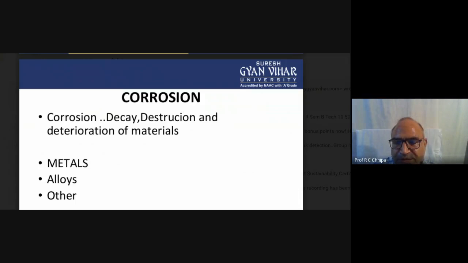Moisture, which is present in air, and oxygen, that is also present in air. So air and oxygen both are the stimulants in the environment. And what happens when iron is in the environment? So definitely iron will undergo the process of deterioration.